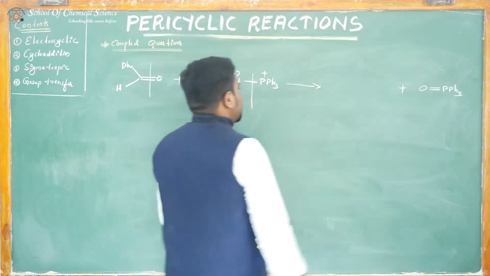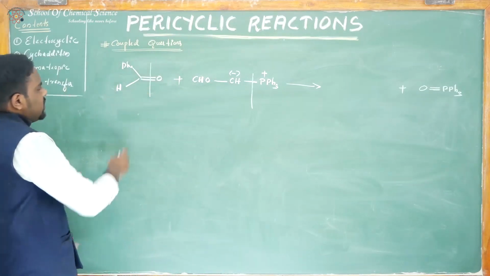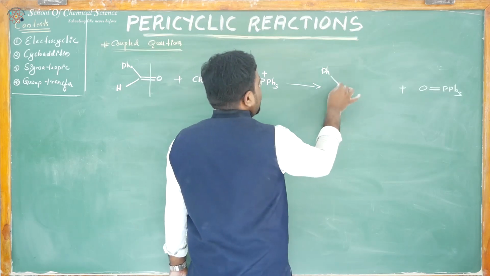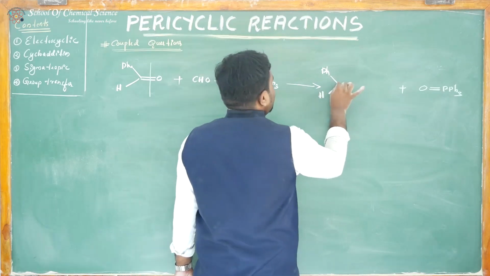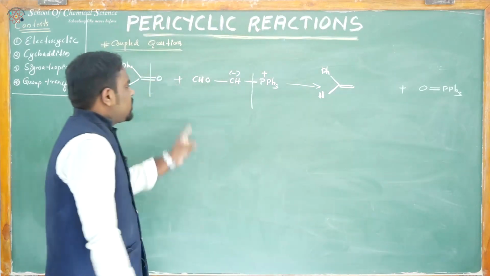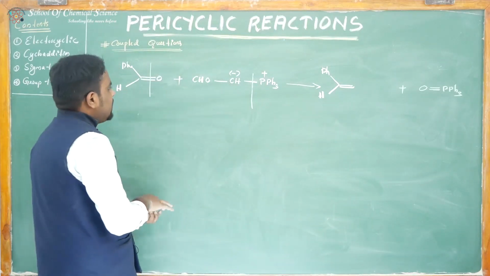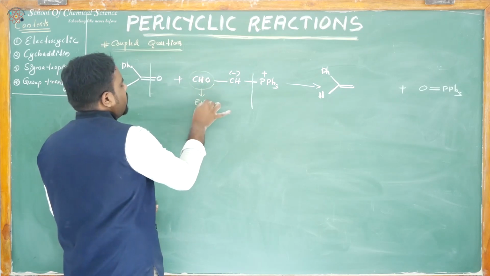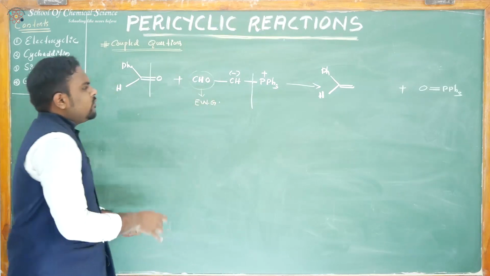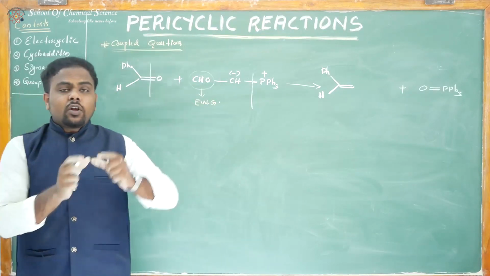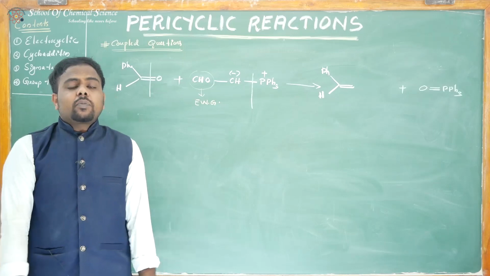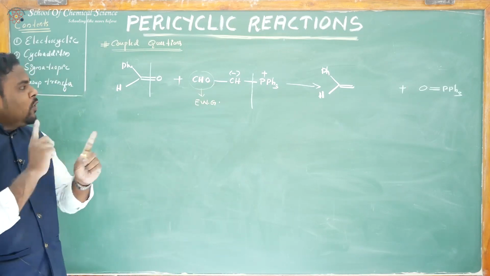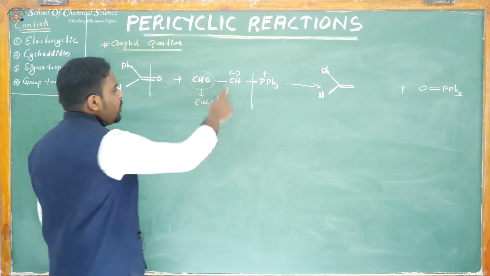What is the other product? That is my question. Here Ph–CH= with a hydrogen, double bond. In the phosphonium ylide, the group is an electron withdrawing group. When an electron withdrawing group is present in the ylide, the product formed is an E-alkene. E-alkene means same priority group on opposite side.